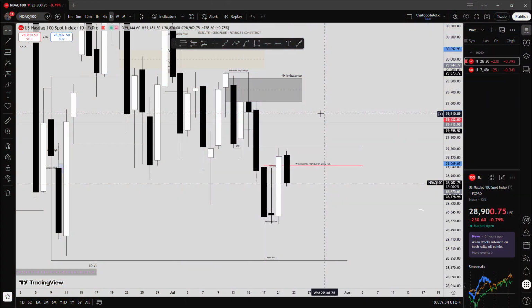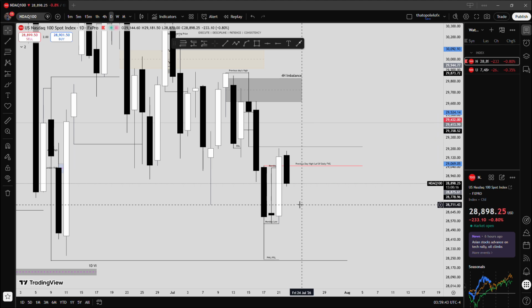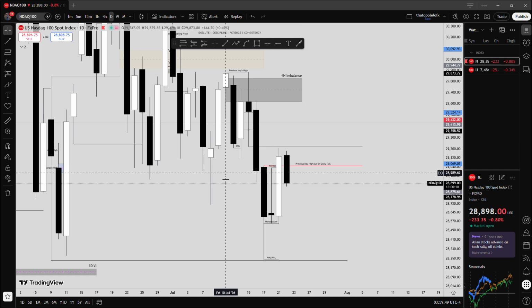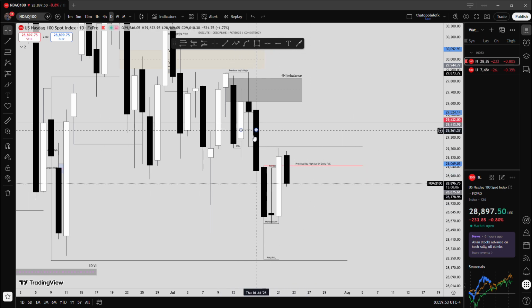I was looking at the US NASDAQ 100, US 100, and first off I started on the daily time frame, because that's how I do my pre-session analysis.